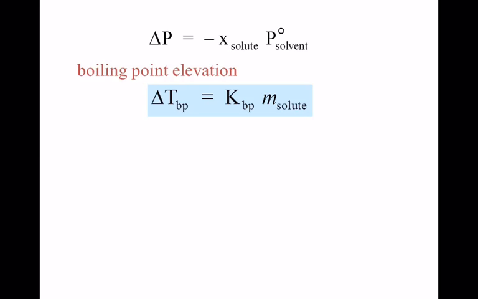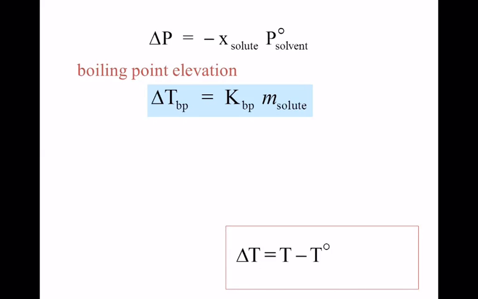Now, little m, molality, okay? Molality of what? Not of the solvent, but of the solute. So it depends on the molality of the solute. Yes, I know, it's irritating. Okay, so that's how that works. Delta T is always final minus initial.